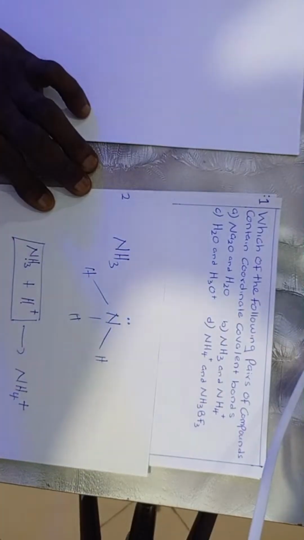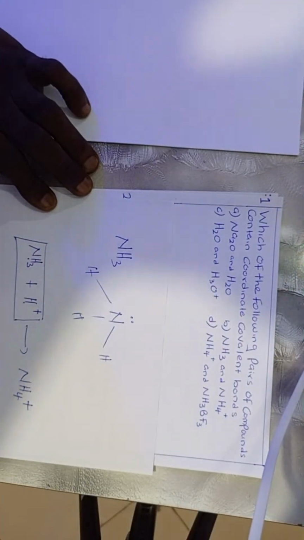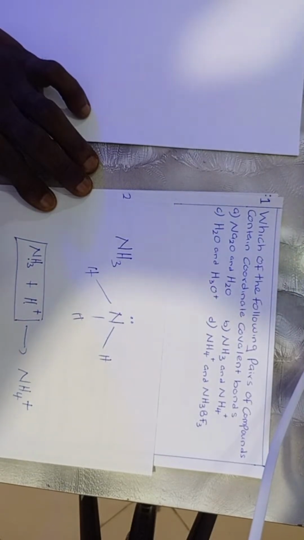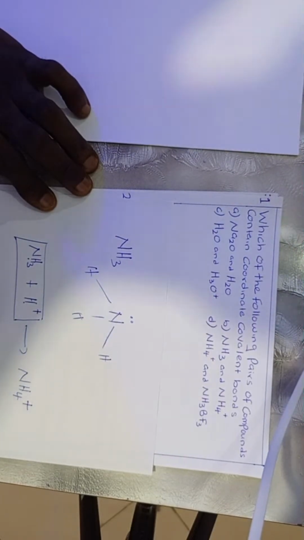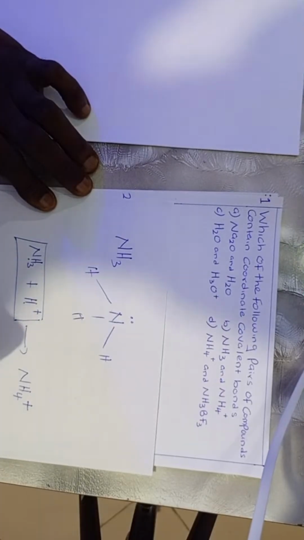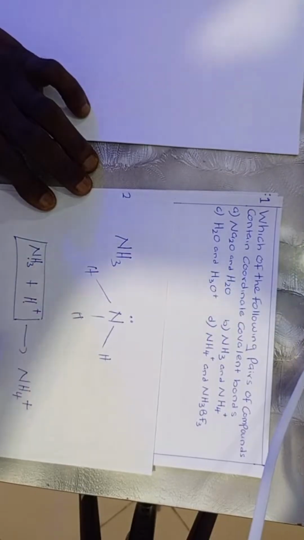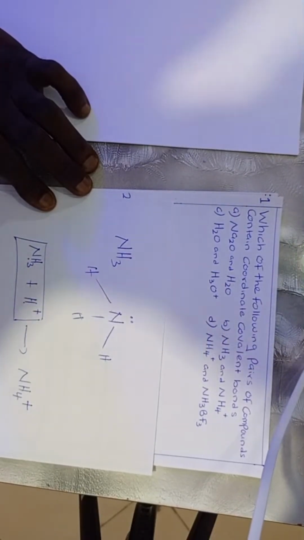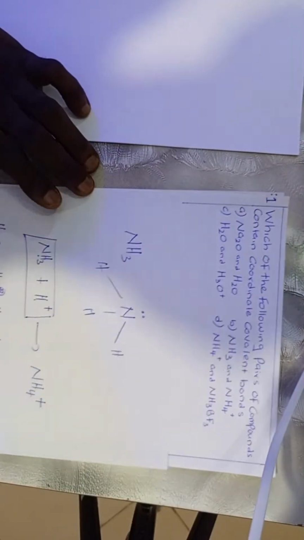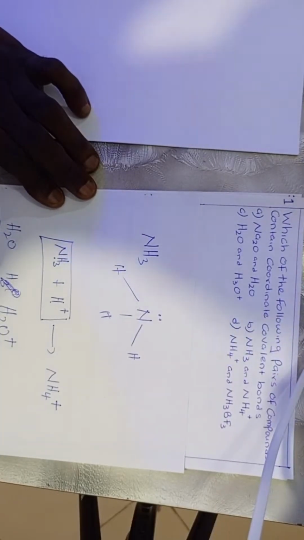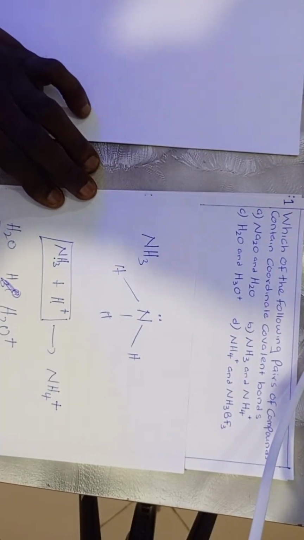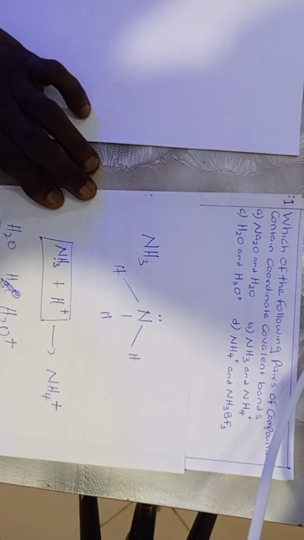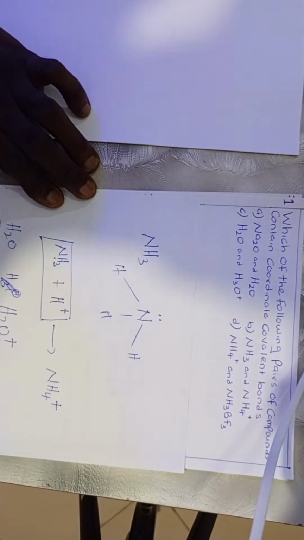Let's go to option C. For option C, we have two good options here. We have water and we have H3O plus. Water and H3O plus is a good pair, but that's not going to be our answer because water contains solely covalent bonds between oxygen and hydrogen. So that's not going to be our pair.